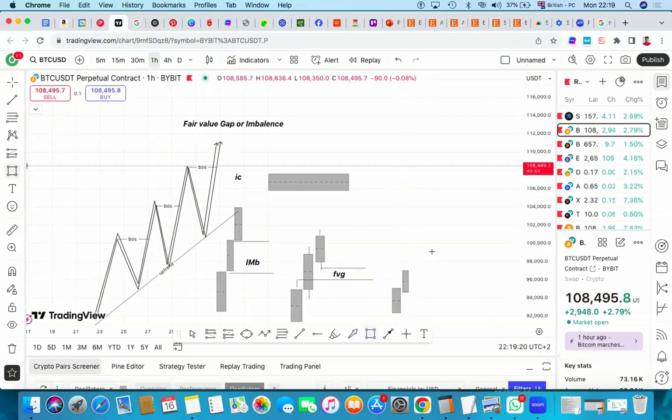And this. So we see just this one, just the first one, having the wick.